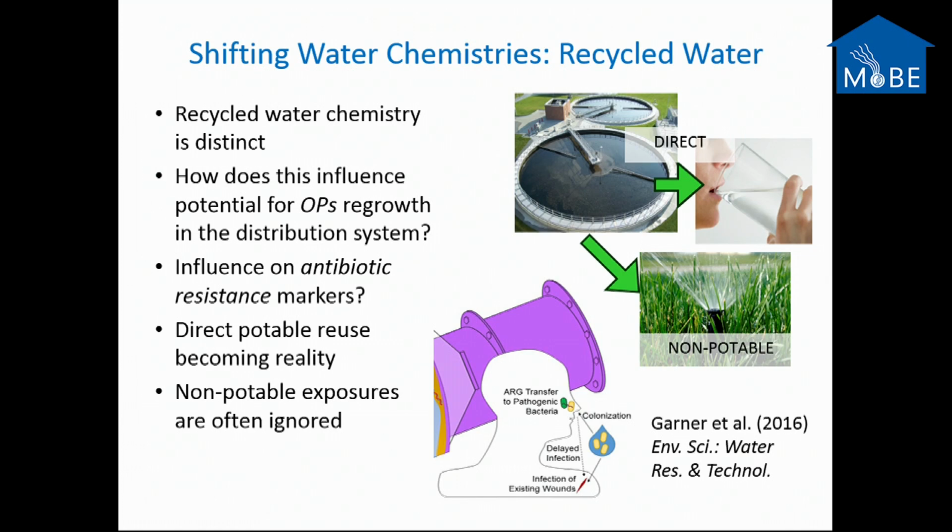And the question is, even if you treat it to the highest of standards, the chemistry still is different. So we need to be proactive and think about what those effects might be, both on opportunistic pathogens and antibiotic resistance, and we're even moving towards not just irrigation, but direct potable reuse in parts of the country. But again, it's not just ingestion that's the relevant exposure route.